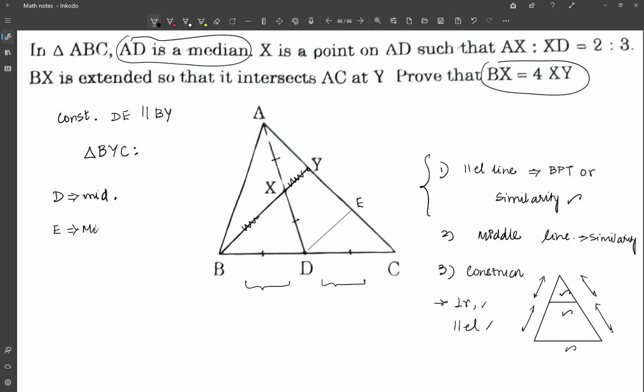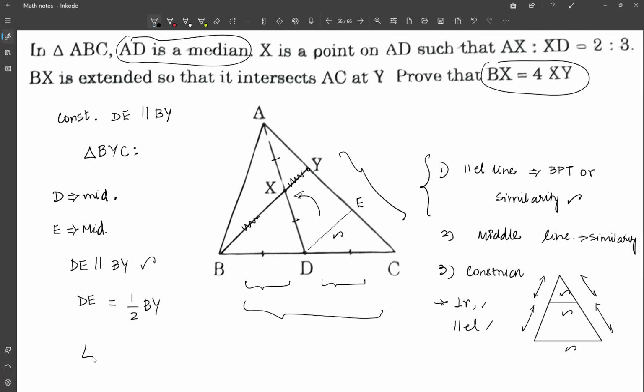If you recall the midpoint theorem from last year, from class 9, you'll have DE parallel to BY. As per the midpoint theorem, if a line segment joins the midpoints of two sides of a triangle, then it will be parallel to the third side. In this case, it is BY, and this DE line segment is going to be half of BY, right? So you have the ratio.